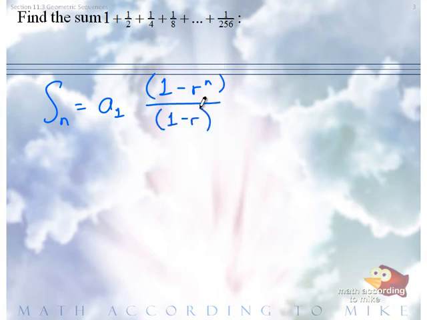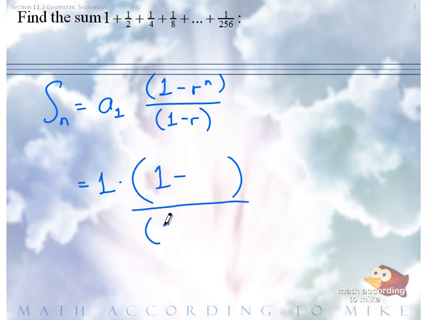So again, the parentheses are there to tell you calculate R. Let's fill in the parts we know. What's our first term? What's our common ratio? What is it? 1/2.